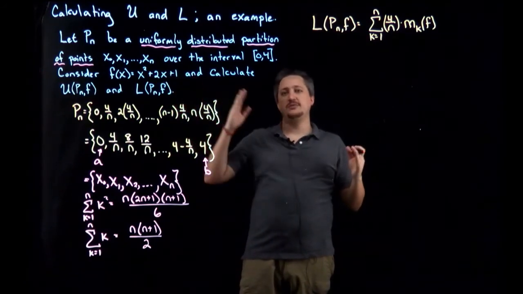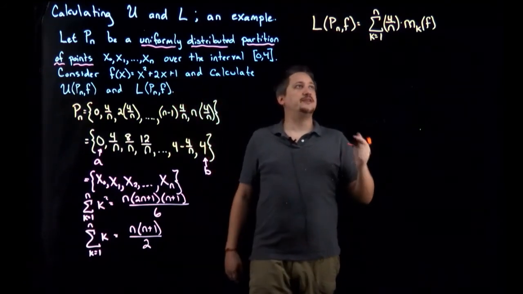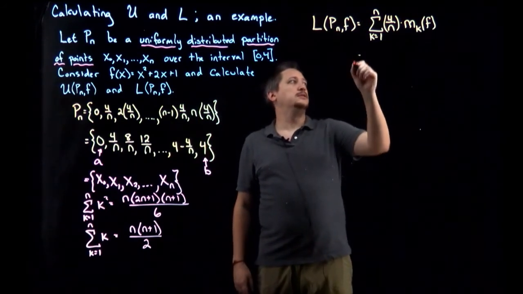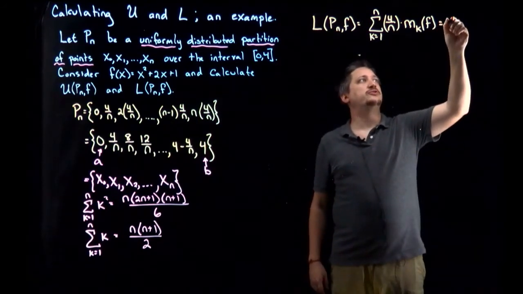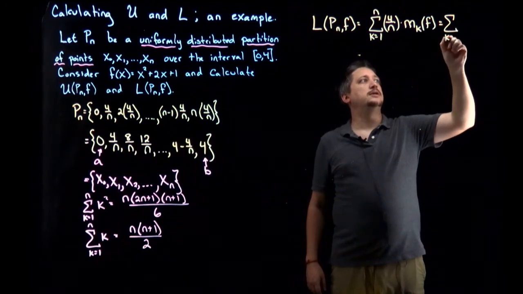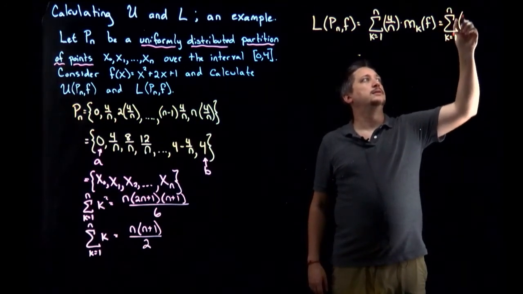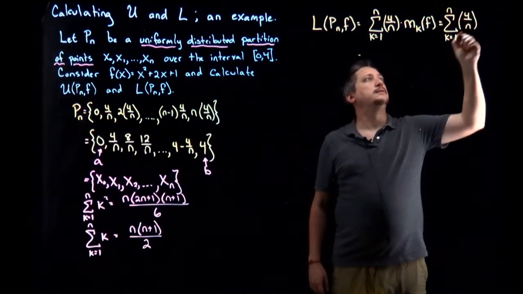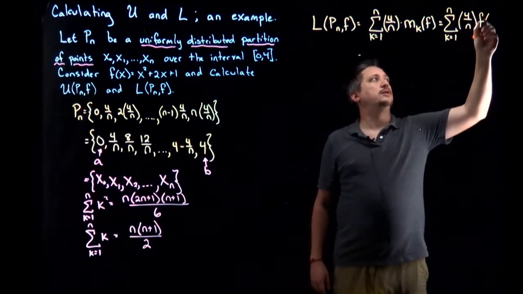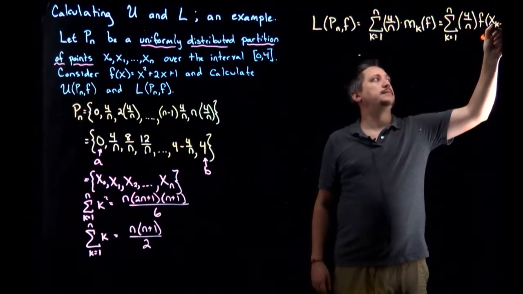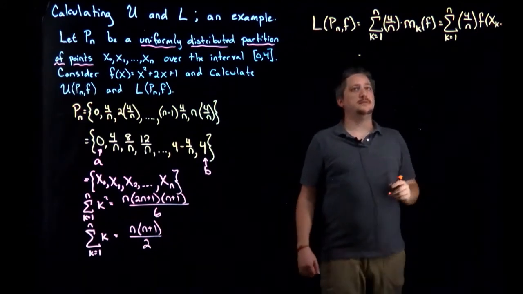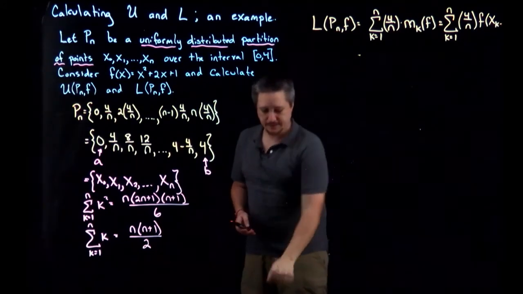For the same logic, we have that the min is on the left. So this is actually going to be the sum, k equals 1 to n, 4 over n, times f of x sub k minus 1, right, the left side.